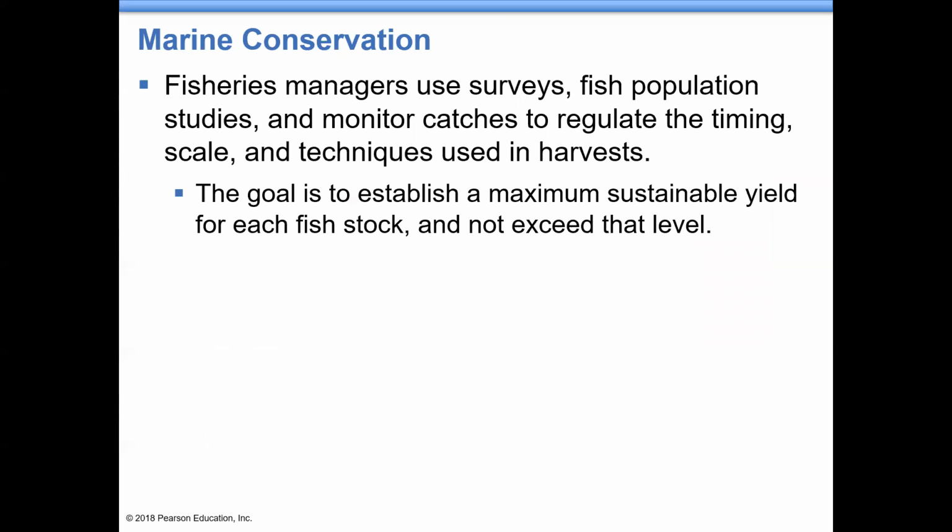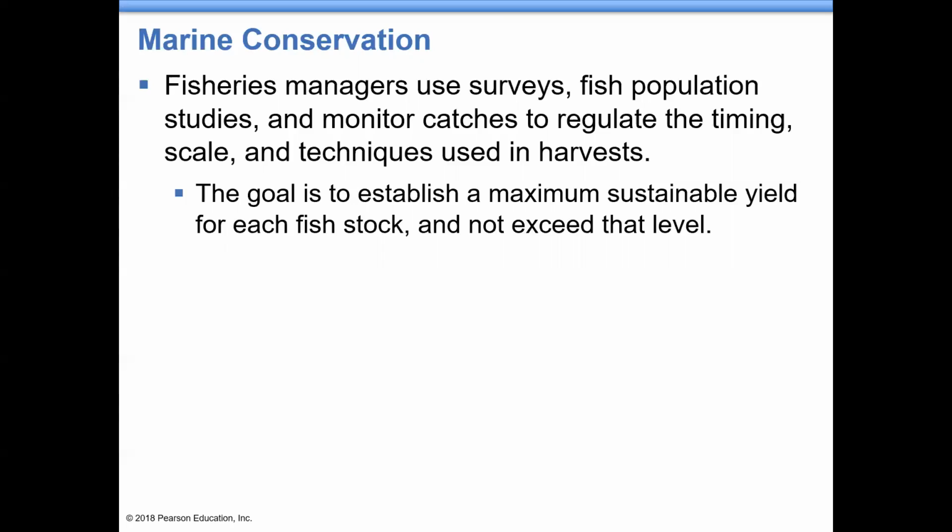And part of what fishery managers do to alleviate issues with overfishing is using surveys, fish population studies to help monitor changes in fish populations and look at the techniques they're using and how they are affecting overall fish populations.